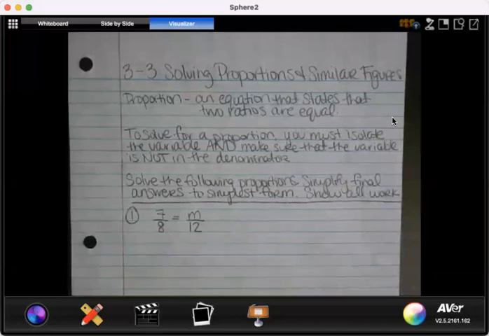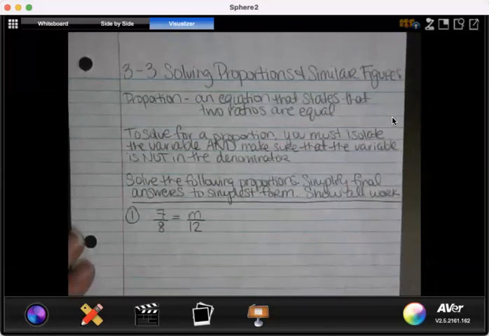When we're solving proportions, because we have two fractions or two ratios that are equal to each other, we now can use a skill called cross multiplying. It's a skill that allows us to simplify the process of solving for the missing value.